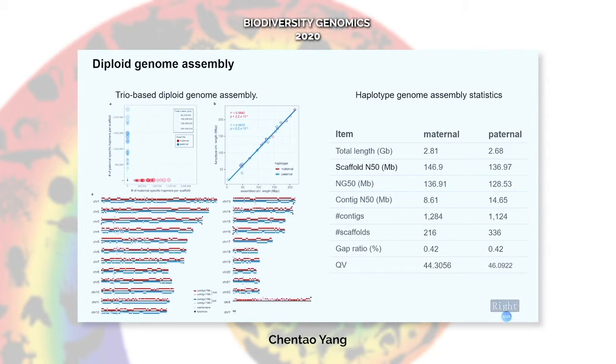As a result, we assembled about 2.8 gigabases for maternal and 2.7 gigabases for paternal. They both have very high scaffold N50 and a very low gap ratio. In this figure, panel A shows a haplotype-specific k-mer bubble plot of the marmoset assemblies.